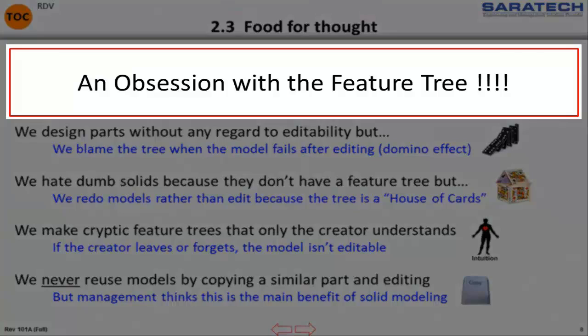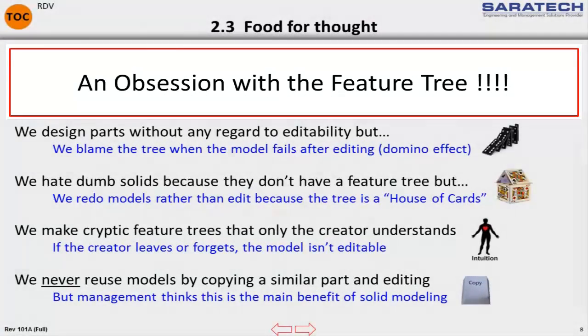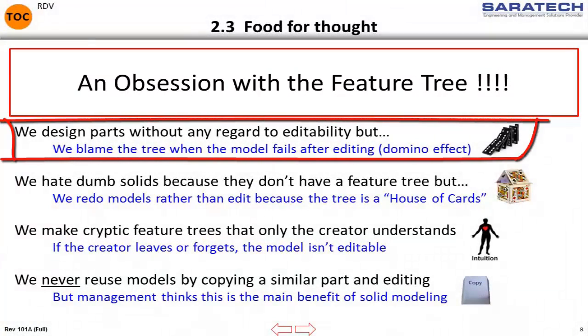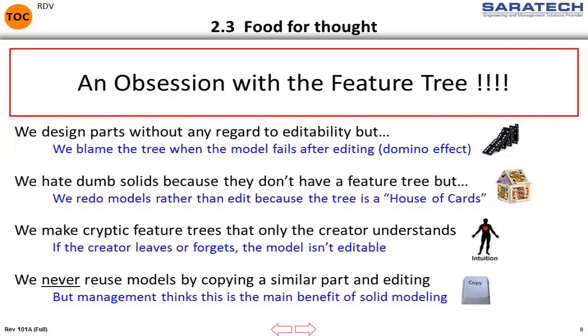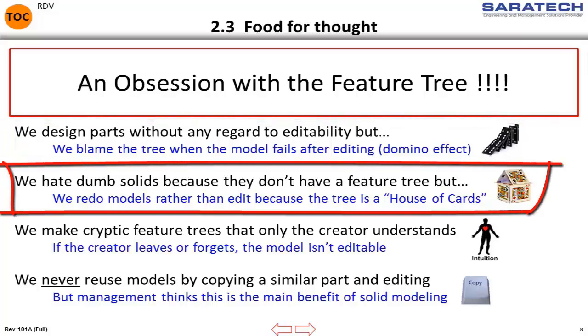Some final thoughts before we begin discussing resilient modeling. It is very easy and fast to design parts when editability is not a criteria, but it only takes a small shift in strategy to create amazingly flexible models. Many designers don't like dumb solids because there is no feature tree.